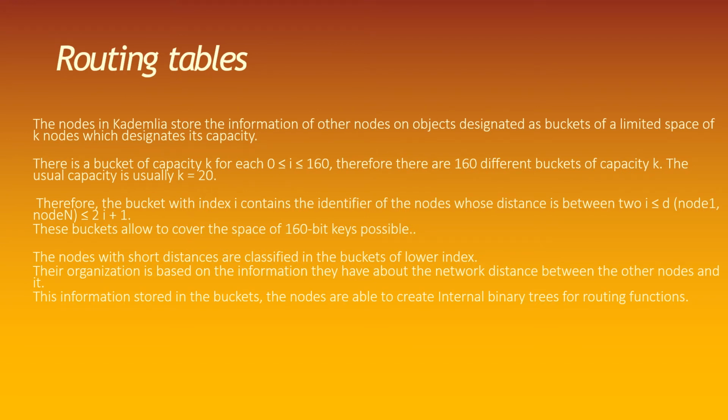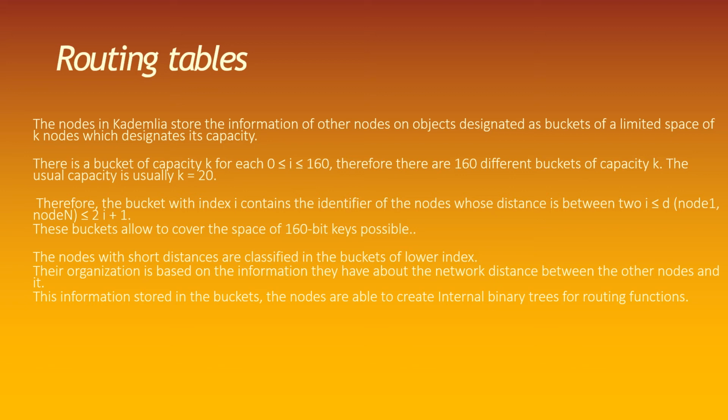And let us know about the routing tables. The nodes in Kademlia store the information of other nodes in objects designated as buckets of a limited space of k nodes, which designates its capacity. There is a bucket of capacity k for each i with 0 ≤ i ≤ 160. Therefore, there are 160 different buckets of capacity k. The usual capacity is k = 20. The bucket with index i contains the identifiers of the nodes whose distance d satisfies 2^i ≤ d(node 1, node n) < 2^(i+1).